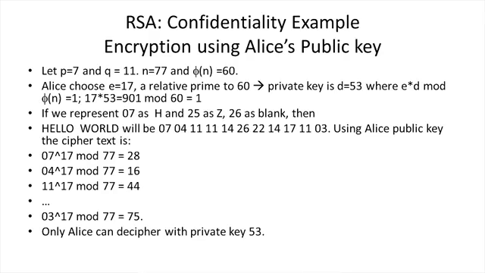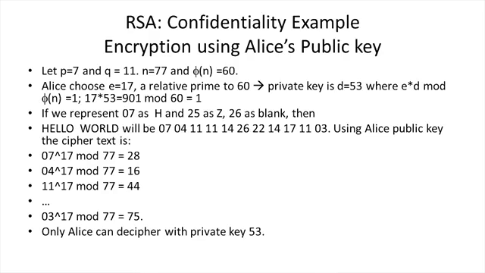If we represent the alphabet, all uppercase, and the blank with numbers, 0 represents A, 7 represents H, 25 represents Z, and 26 represents blank, then "hello world" can be encoded as 7, 4, 11, 11, 14, 26, 22, 14, 17, 11, and 3.